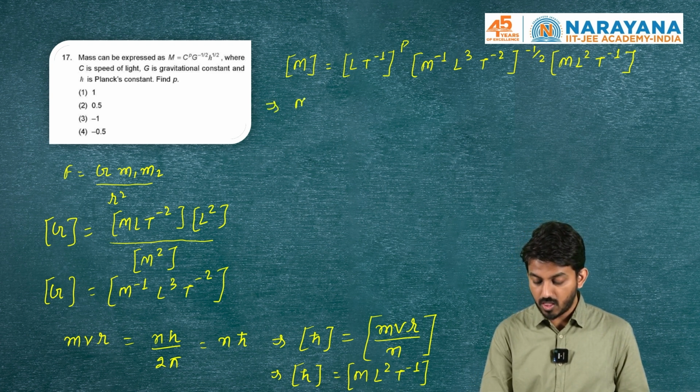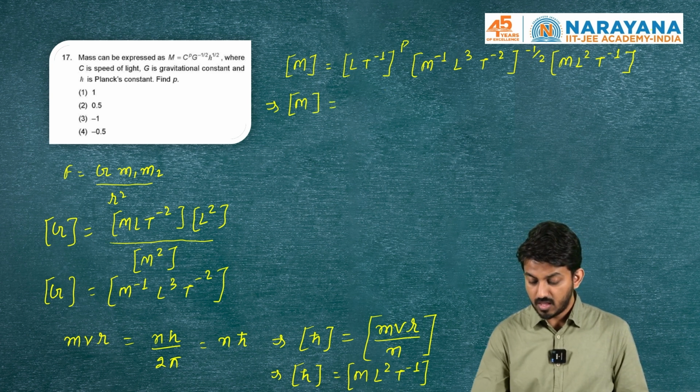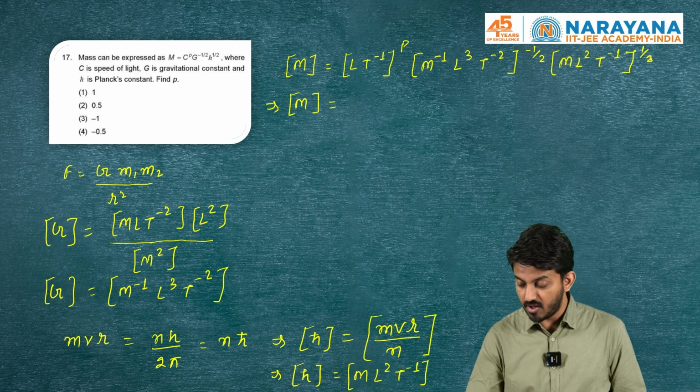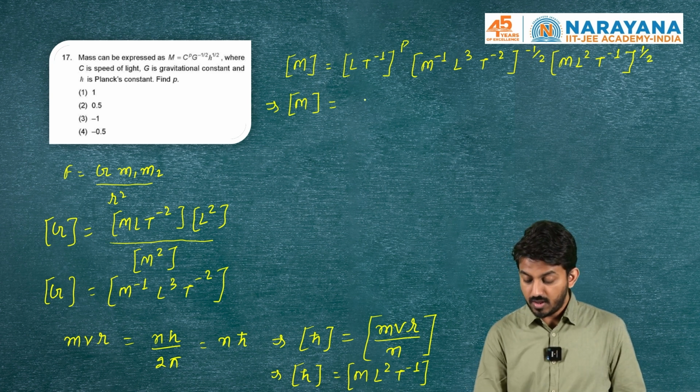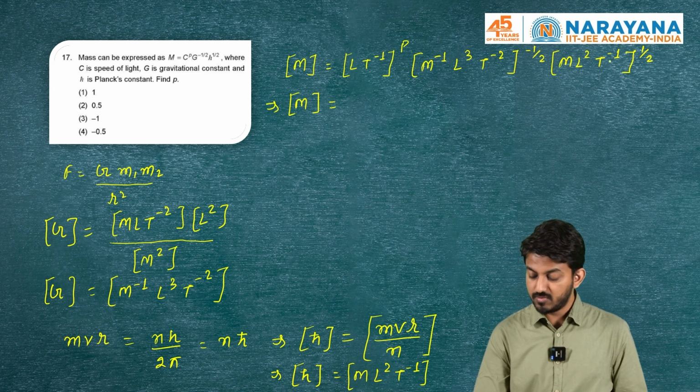So finally I can write down m here, and this also has exponent half. So overall we get m plus half from the second term and plus half from the third term.